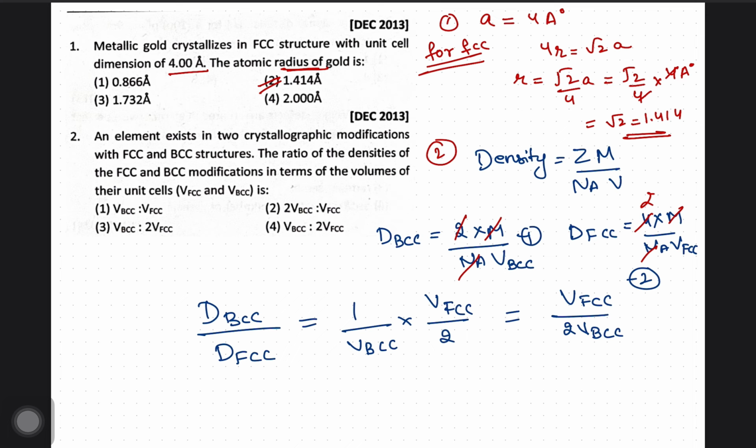They have asked density of FCC and BCC, so just inverse it. Density of FCC over density of BCC will be 2 volume BCC over volume FCC. So the correct answer will be 2.